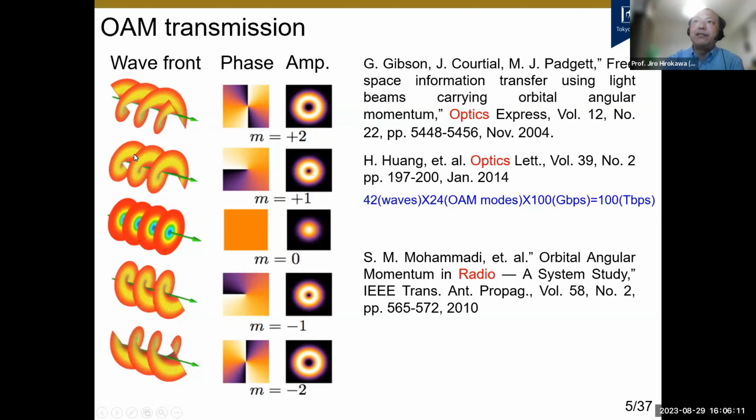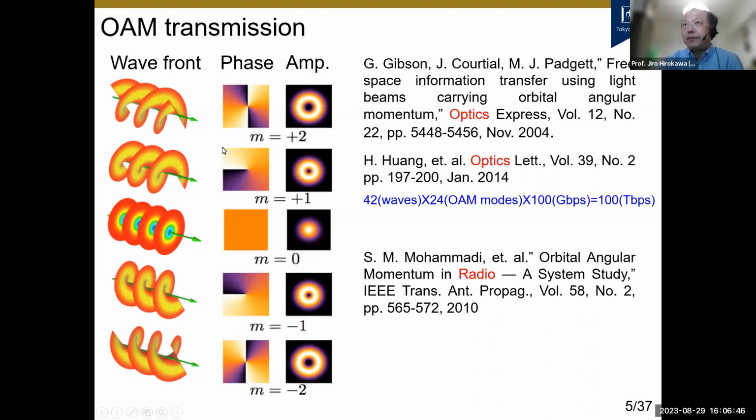The left figure shows the wave fronts for various modes, and the middle shows the phase distributions. For m equals 0, we have the uniform phase distribution, while for m equals plus 1, for instance, we have a 360-degree phase difference in the phi direction.